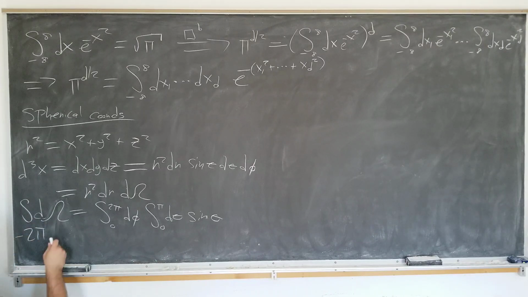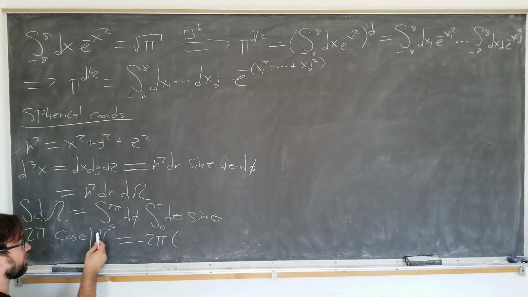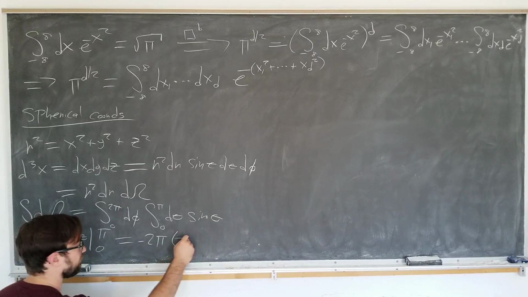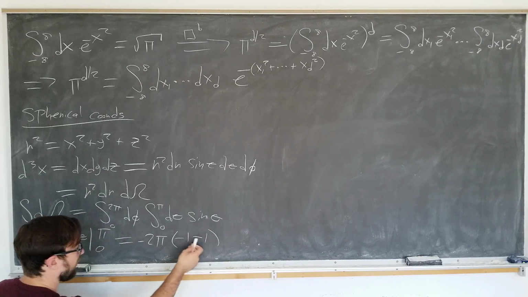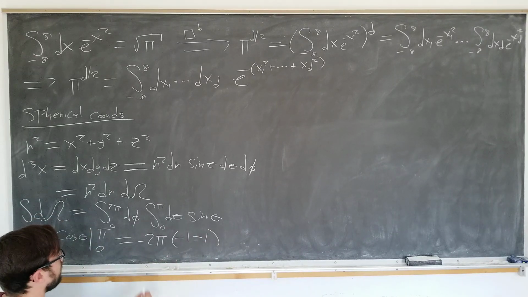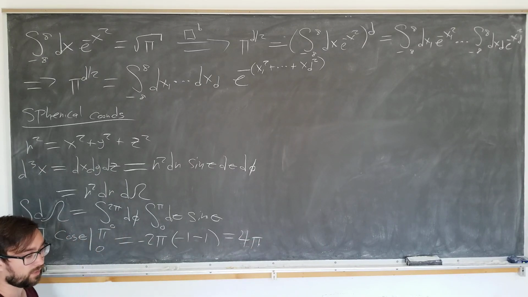I'll put the minus on the outside. Cosine theta evaluated at pi and 0. So we have minus 2 pi here. Cosine of pi is obviously minus 1. Cosine of 0 is 1. So this is minus 2. So this entire expression is actually equal to 4 pi, which should look familiar.